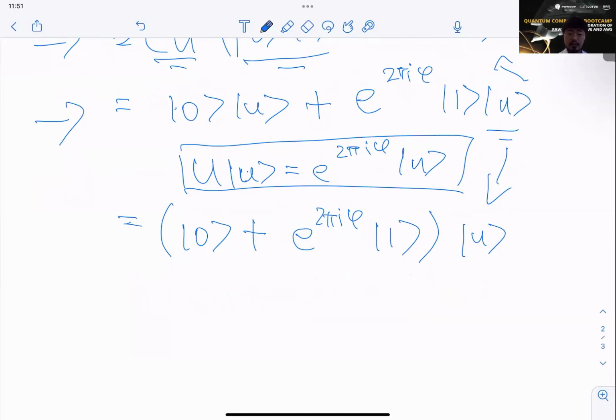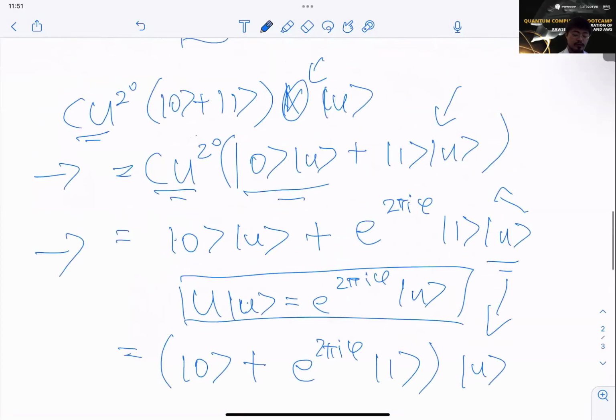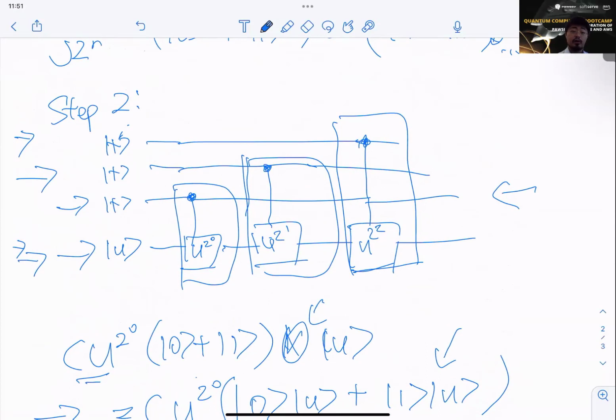Instead, the phase has gone back all to the first register over here. Okay, so this is a phenomenon known as phase kickback. This is quite an important part, which is actually pretty interesting, because normally when you perform a control operator, nothing happens to the control qubit, and the changes are normally made to the target qubit.